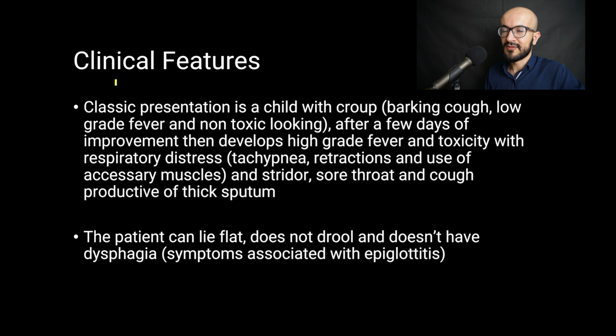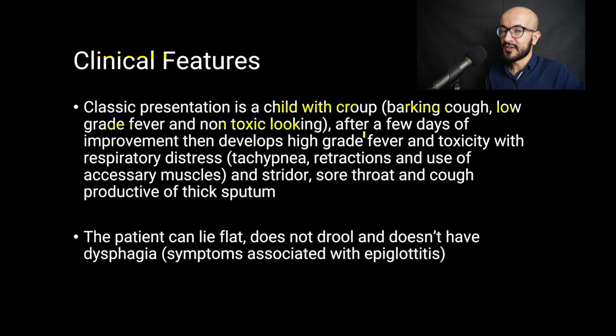Now let's talk about the clinical features. So the classic presentation is a child with croup, and remember, croup presents with barking cough and low-grade fever, and they are generally non-toxic looking children, and they may have inspiratory stridor.